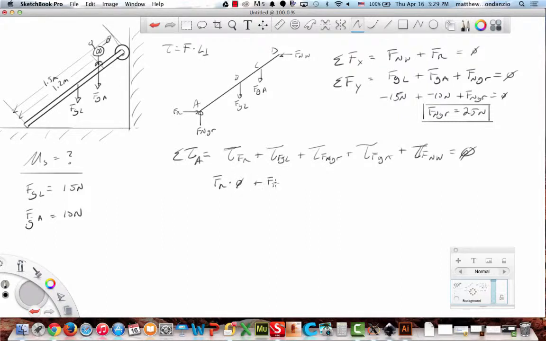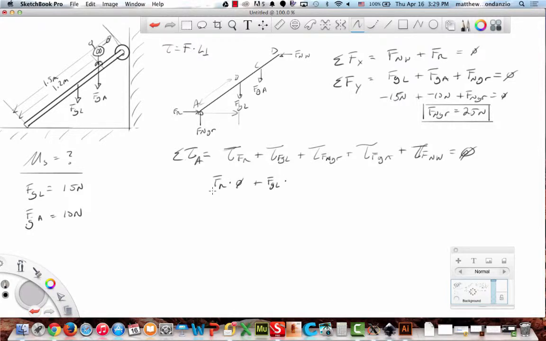Plus the force FGL times the distance between FGL and point A. No, it's not 0.75, or rather 0.75 is this length, but you want the perpendicular length.